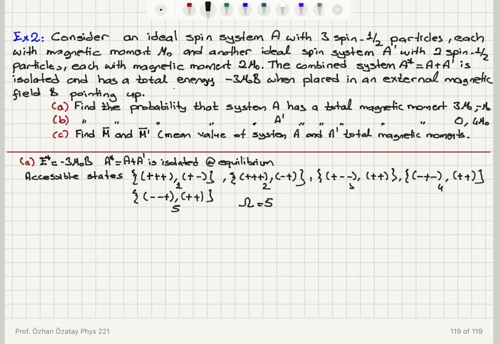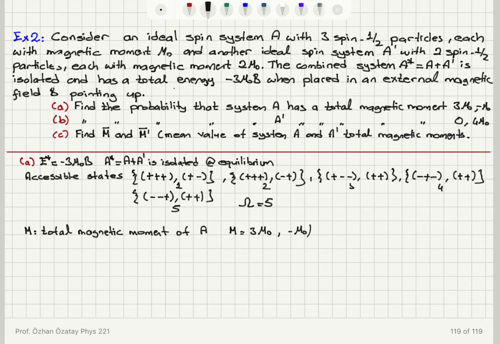Now I have capital M, the total magnetic moment of the unprimed system A. This can be equal to 3 mu 0 or minus mu 0.